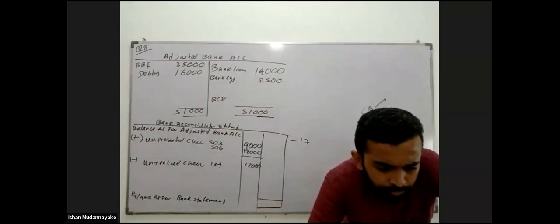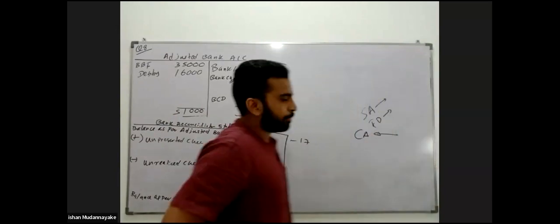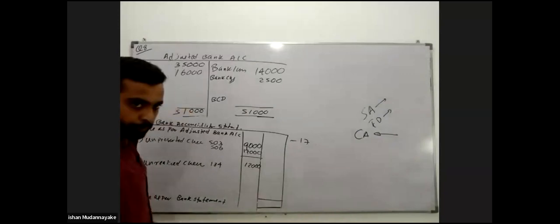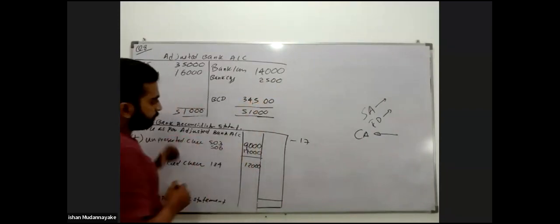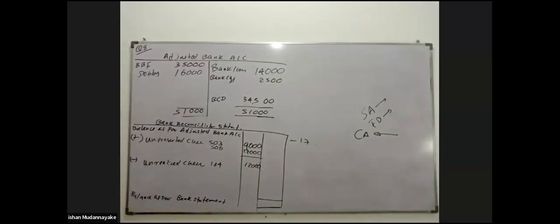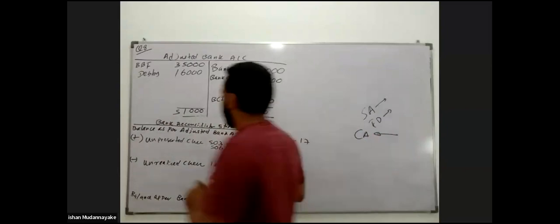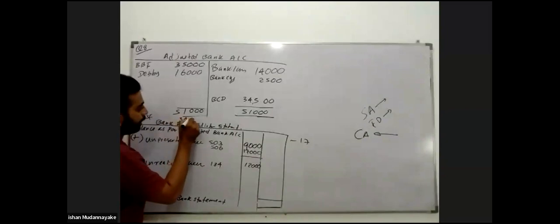The higher side is the debit side. 34,500. Is it correct? Yes, sir. Correct. Right. Then balance carried down and balance brought forward. The corrected bank balance is 34,500.